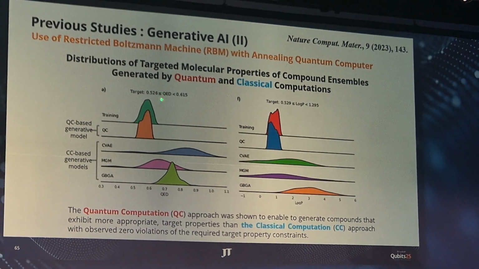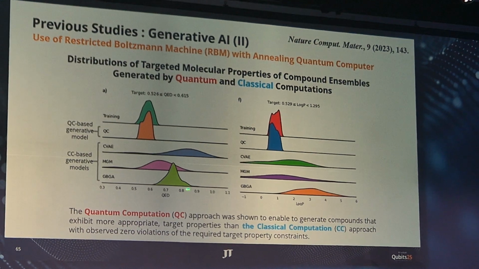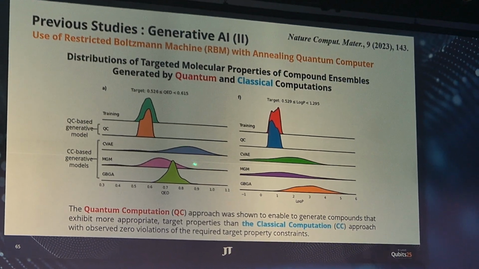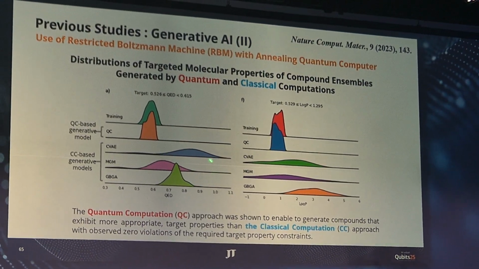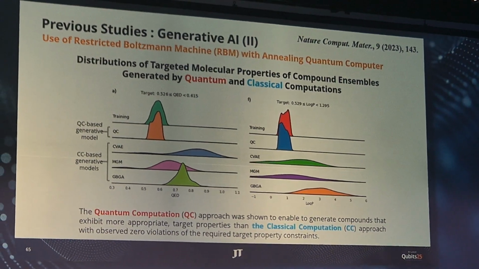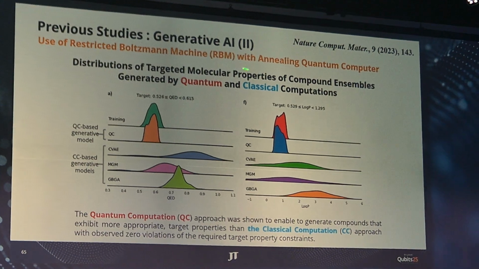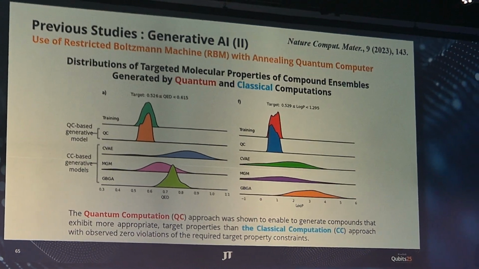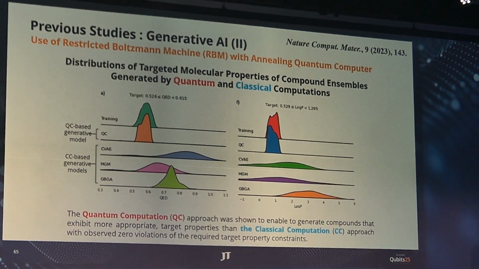This is the training data set. When they use the classical computation, the obtained generated data set distributions are very different from the training data set. They use the several input data set, just only 2 are shown here.